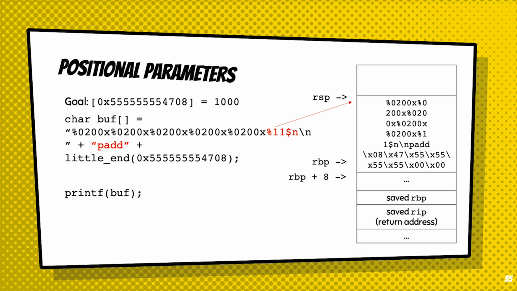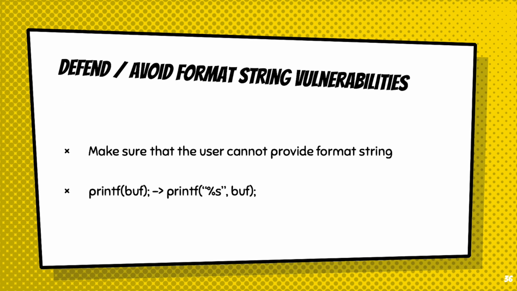Next, let's talk about how to defend against this kind of vulnerability and how to avoid it, since we're going to write secure code in the future. It turns out that defending or avoiding format string vulnerabilities is relatively easier than attacking it. All you need to do is make sure that the user cannot provide the format string.